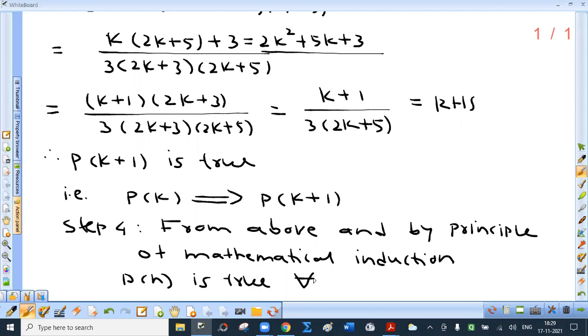This is inverted A for all small n belonging to capital N. For convenience, we have written P of n. So you have to write the original.